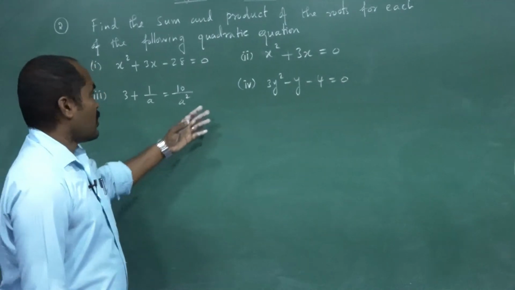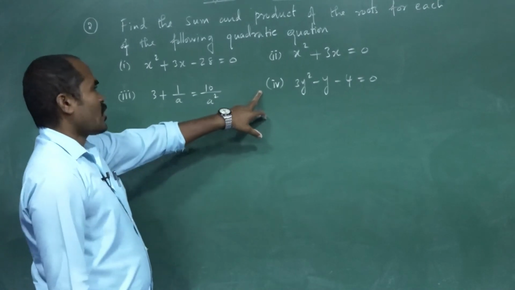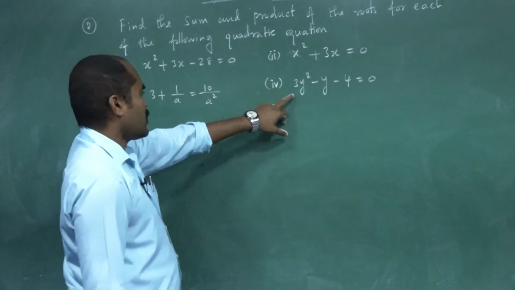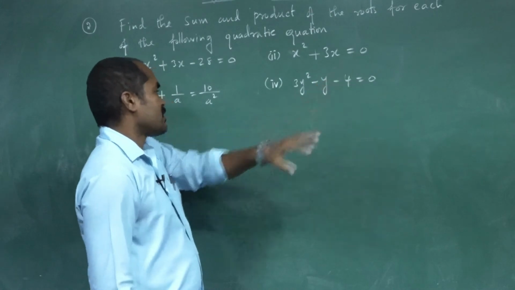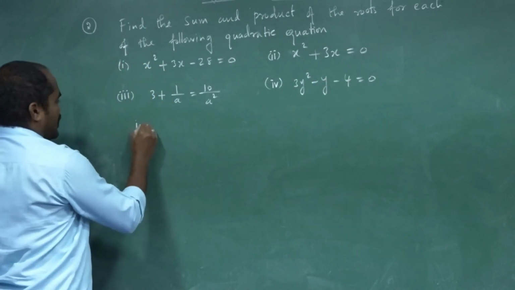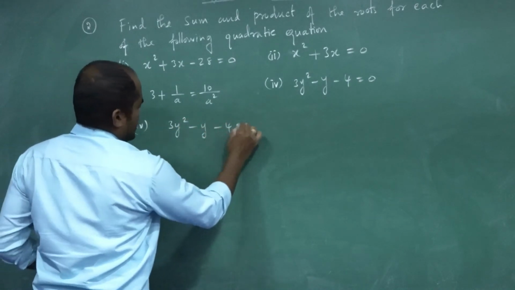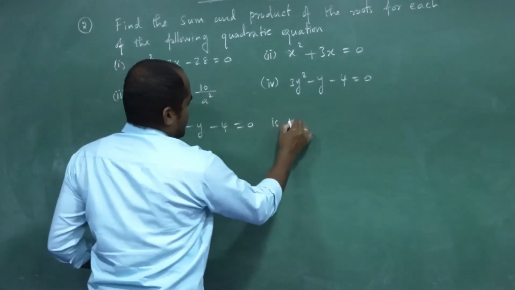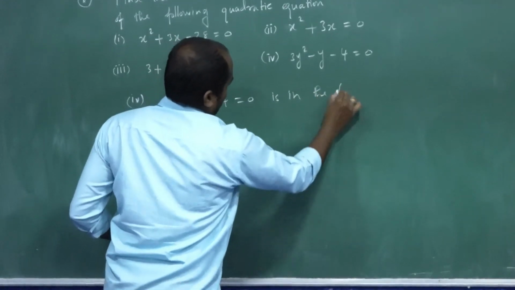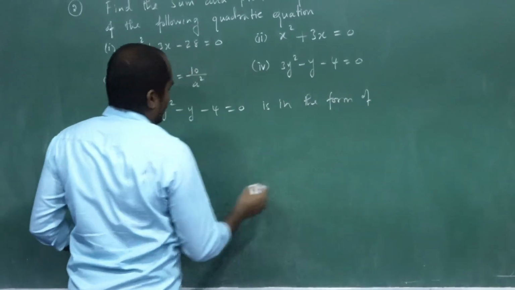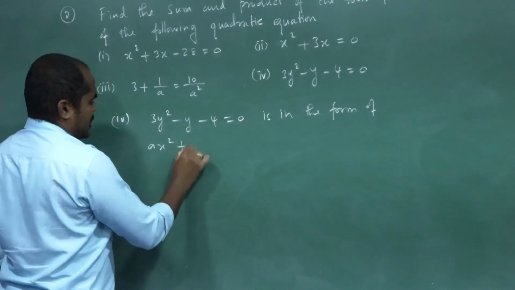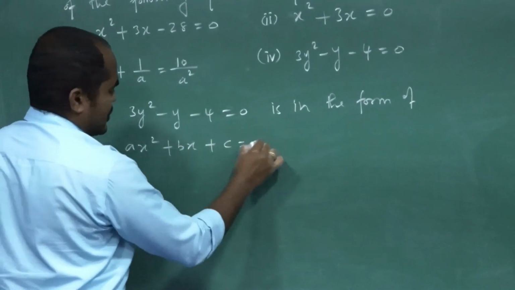So next, fourth one. Find the sum and product of roots of the equation 3y square minus y minus 4 is equal to 0. So given quadratic equation 3y square minus y minus 4 is equal to 0 is in the form of ax square plus bx plus c is equal to 0.